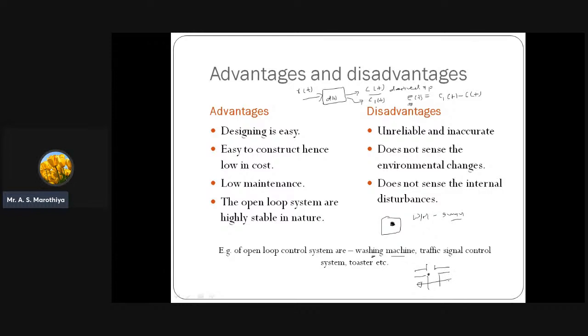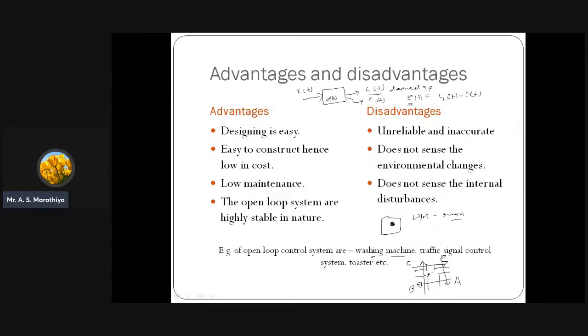So starting from this point, the traffic will move from A to B, then after 60 seconds, from B to C, then after 60 seconds from C to D, and then from D to A after 60 seconds.